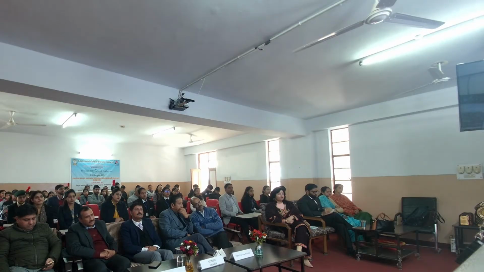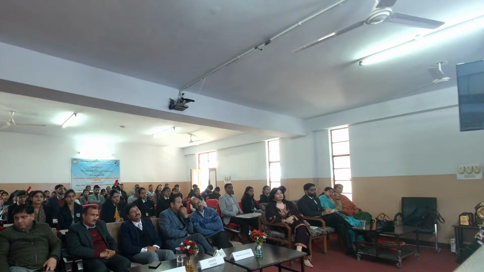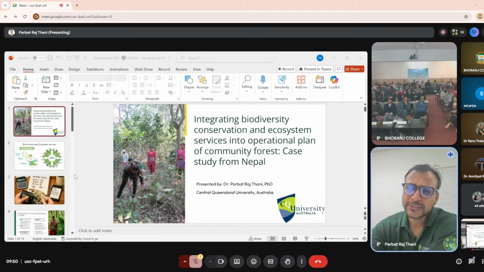There are many such community-based management systems across the world now. For example, even in India, we can see community forest management, and joint forest management is also there, I think. And now community forest management in Nepal has been a good story, and it is being replicated by other countries as well.